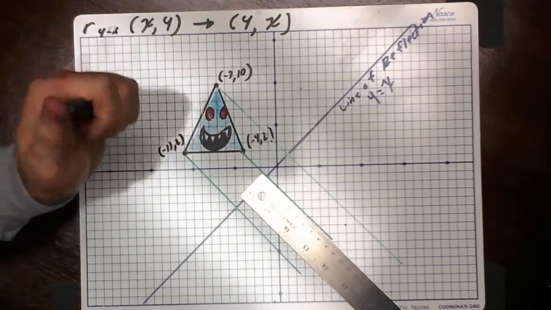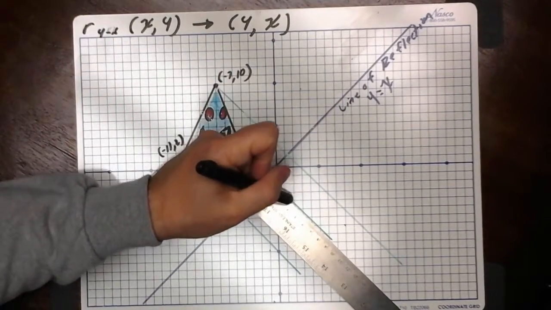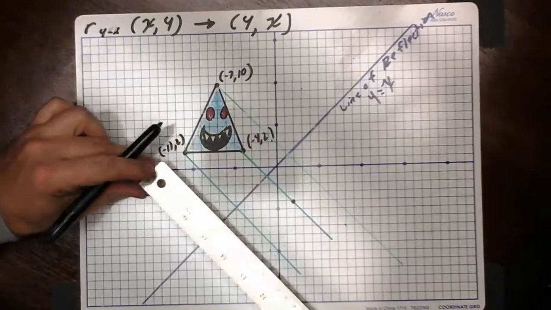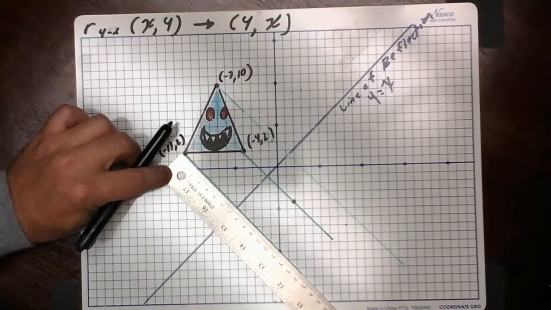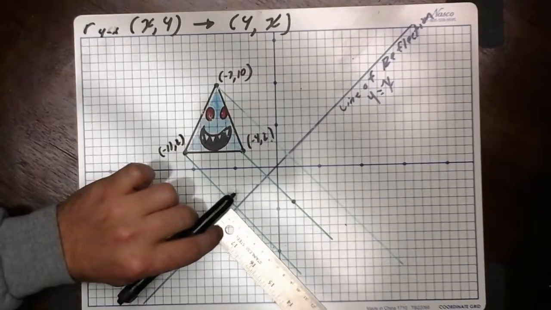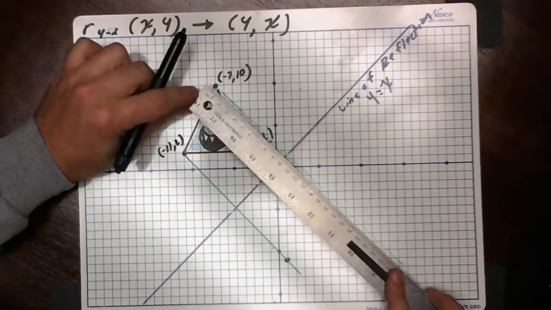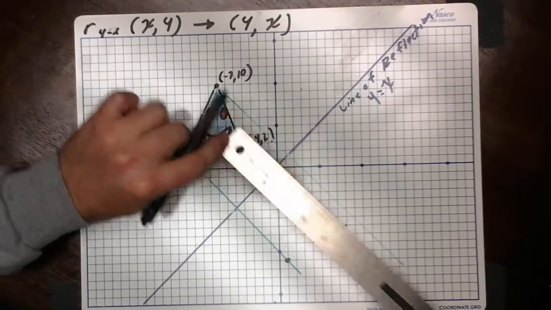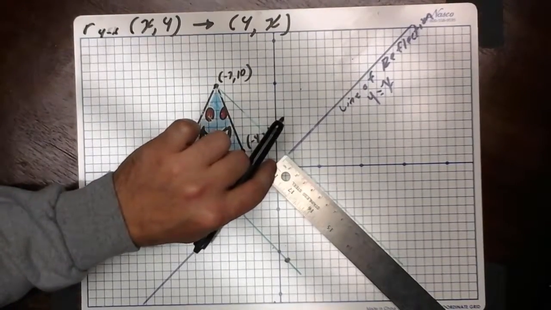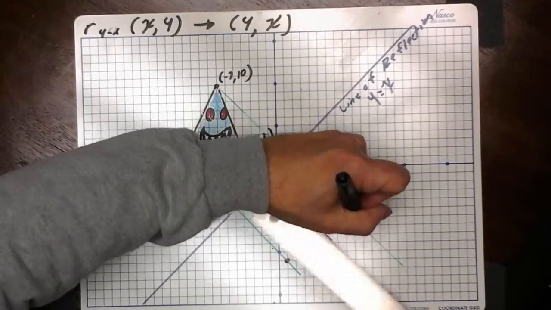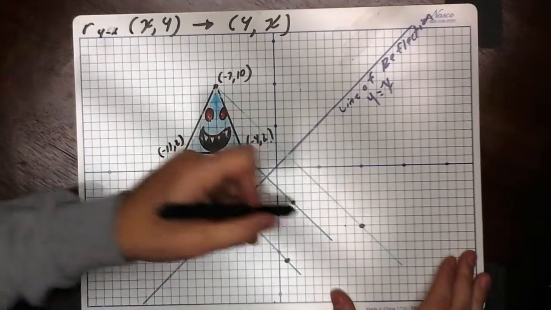So my one point is about here. Here is another one that's about 7 centimeters. So my other point is around here. And my last point is about 9.5. And so he's about there. Okay?